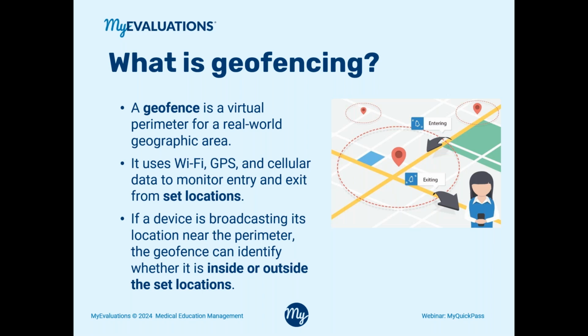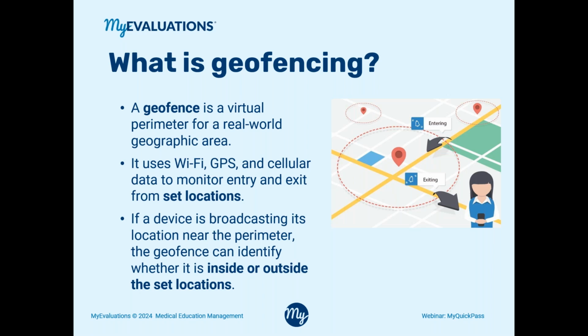On a map, you'll be able to draw a perimeter around a hospital or around a building. And then the technology will use Wi-Fi, GPS, and cellular data to monitor that location.